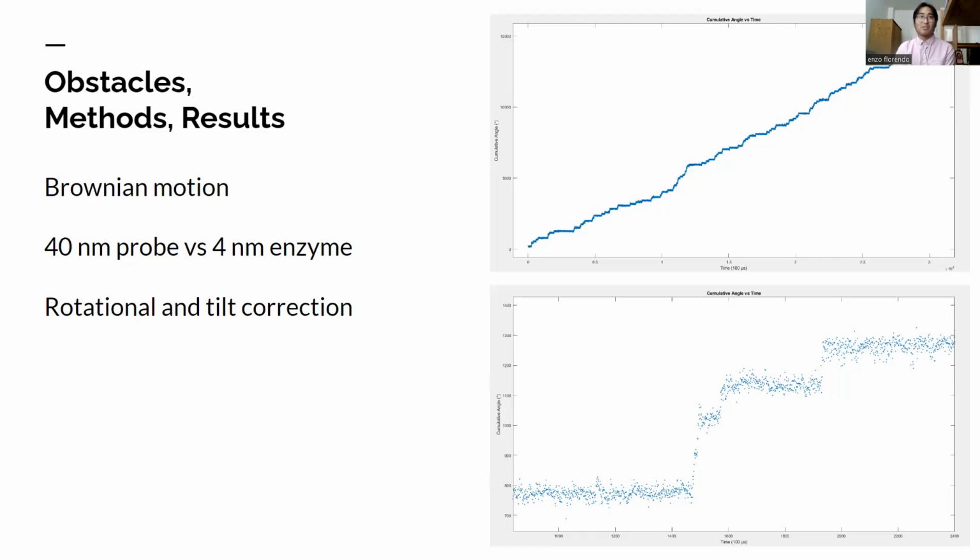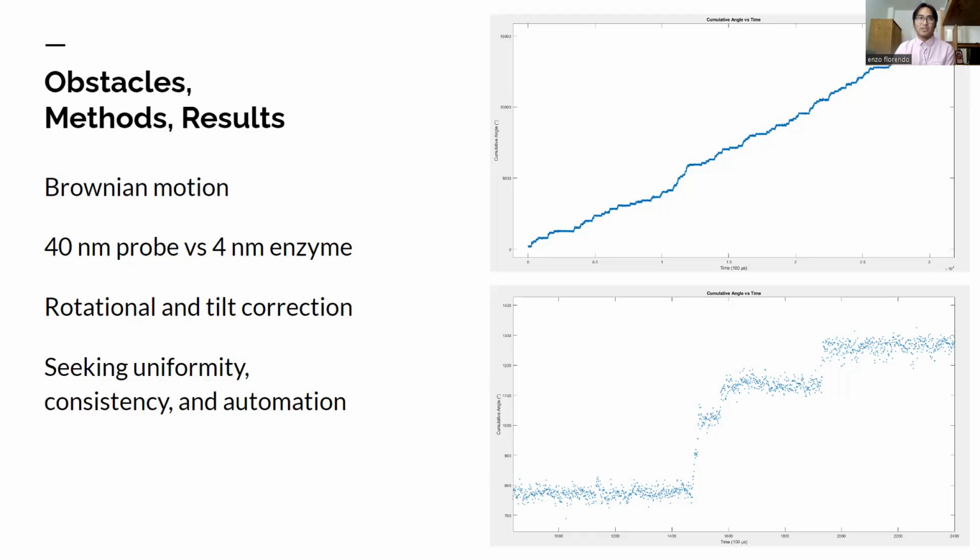And a few other ones are rotational and tilt correction. Especially at the nano level, the surface on which the data is being recorded is not going to be 100% smooth. There might be a little bump, which might cause some imbalance somewhere in the trajectory. But currently, one of my colleagues, Nathan Suter, is working on developing algorithms in order to mitigate the effect of this on our data.